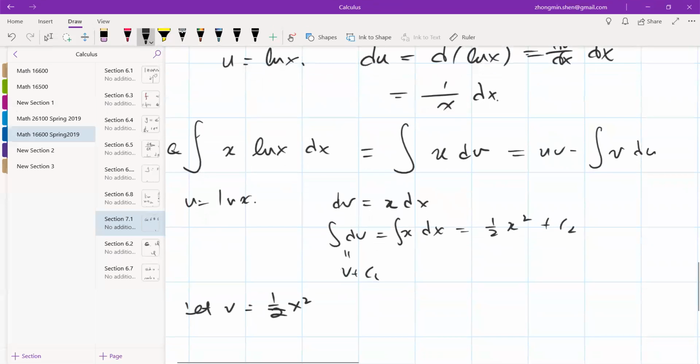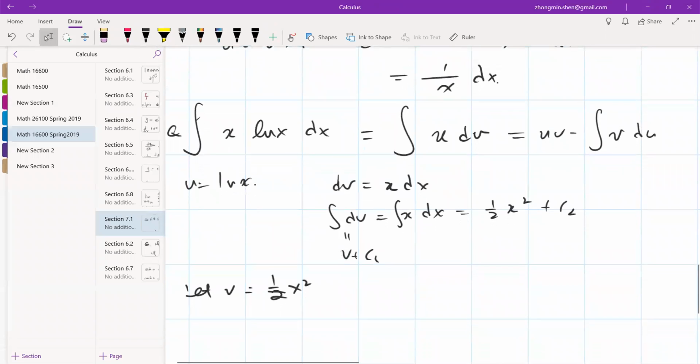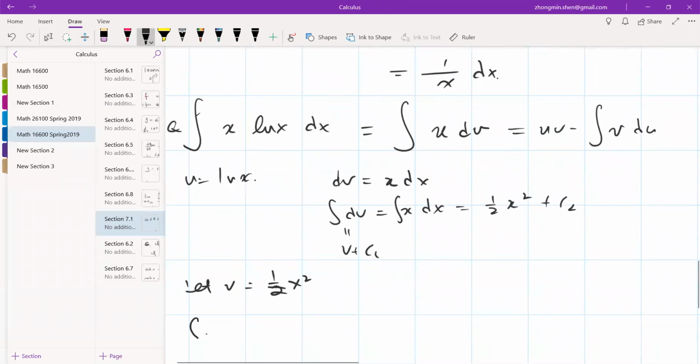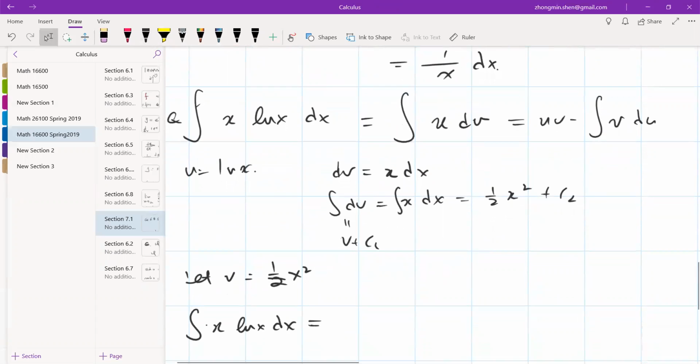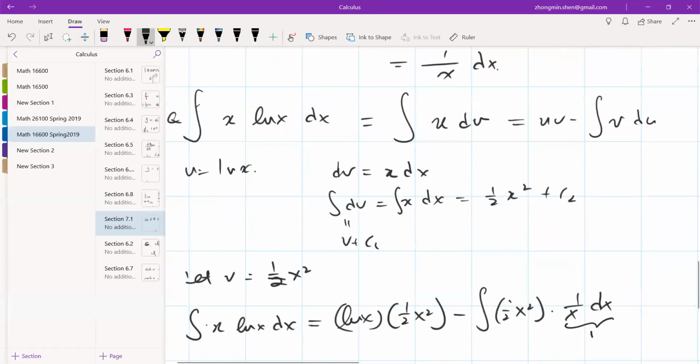All right. So now you have u and v. The integral of x natural log of x dx is going to be u times v, natural log of x times half of x squared, minus the integral of v du: half of x squared, and the du is going to be 1 over x dx. That's the du, and that's the v.